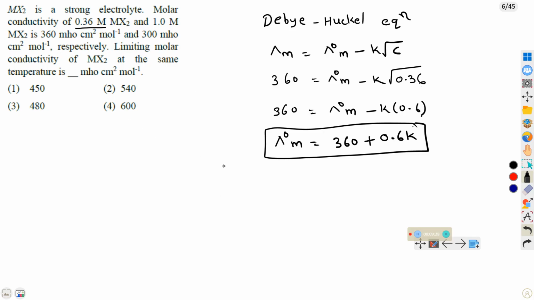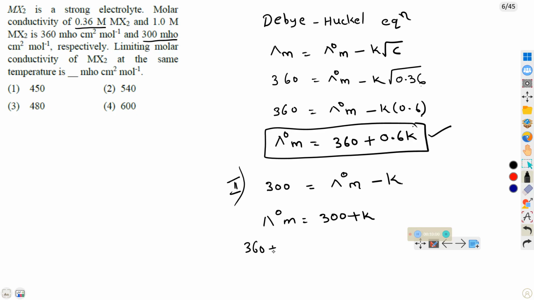Now, the second value is given as 300 mho. Take it, the second value is given as 300. 300 = Λ°m minus k. Then Λ°m = 300 + k. Λ°m value is 360 + 0.6k = 300 + k.